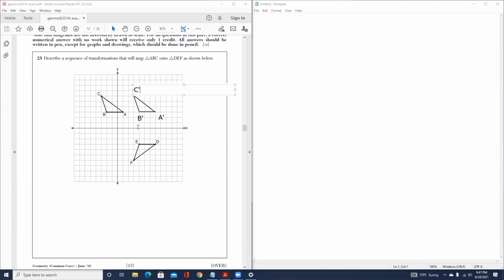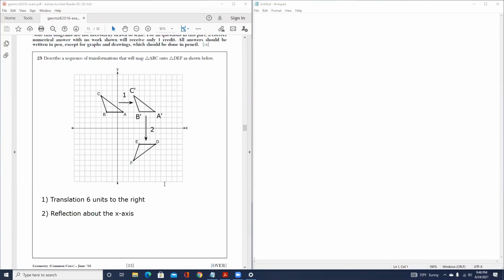So let me make this triangle here. So the two transformations that achieve this change in coordinates, the first one is translation, 6 units to the right, and the second transformation is reflection about the x-axis.